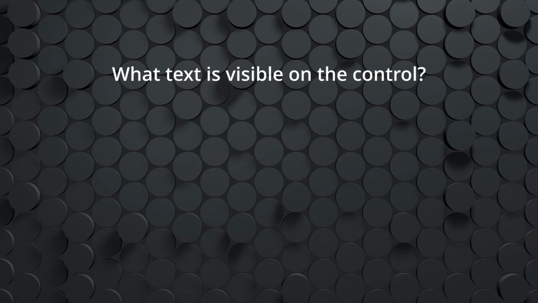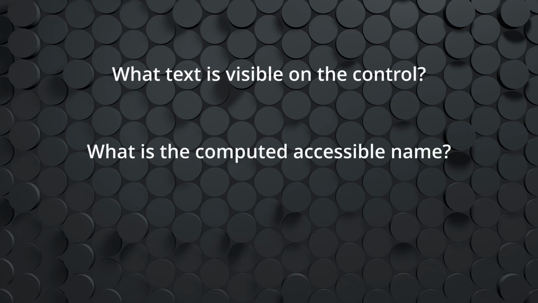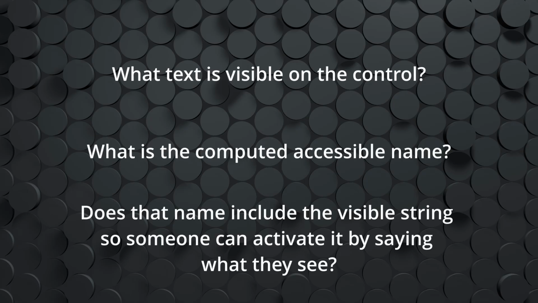What text is visible on the control? What is the computed accessible name? Does the name include the visible string so someone can activate it by saying what they see? If aria-label and the pixels tell different stories, voice control loses, even when a screen reader still speaks something.